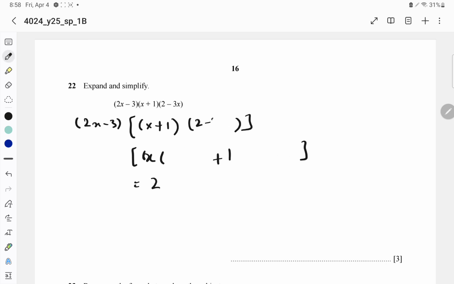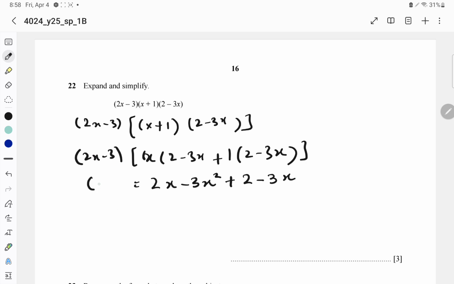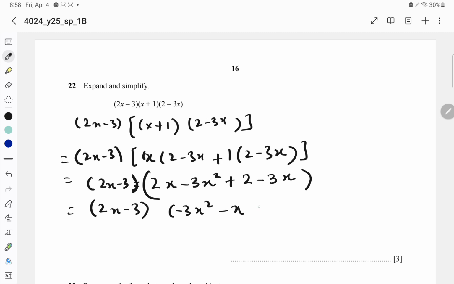So that is 2x squared minus 3x plus 2x minus 3, and then 2 minus 3x. Now simplify: 2x squared minus x minus 3, and then 2 minus 3x.